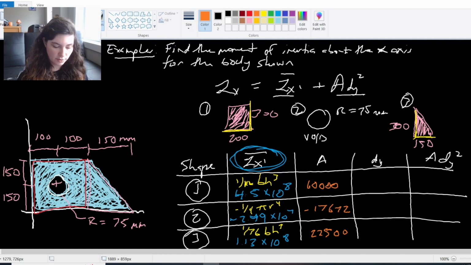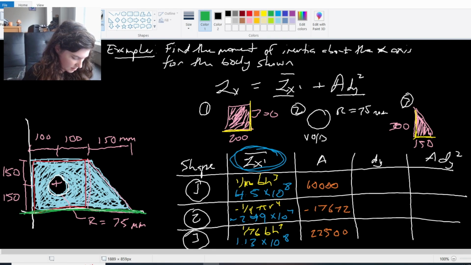Those are easy enough. Probably the most difficult thing you're going to have to pull out of these is your centroid locations, this dy. This dy location is your distance from the axis of interest to the centroid of each shape. Your axis of interest, in this case, is our x-axis, and then we need to find where the y-bar is for each shape. Where is the centroid for each shape?